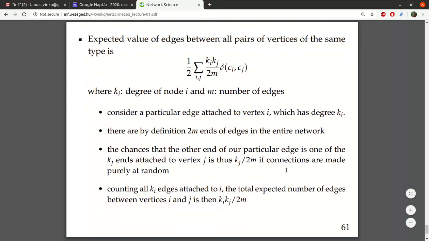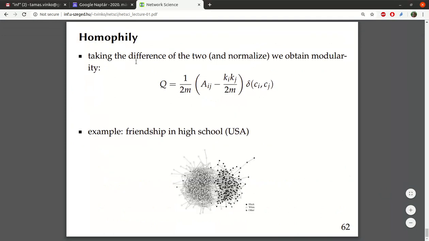And finally, if we take the difference of the two and normalize as well, then what we obtain is the so-called modularity. I'm not going to repeat the formulas from before, so you can look them up in the previous slides.